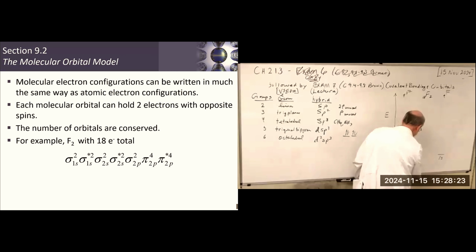So if we do like this, then we would have a sigma star from the 1s and a sigma bonding from the 1s. That, okay? Then we would have a 2s right here.